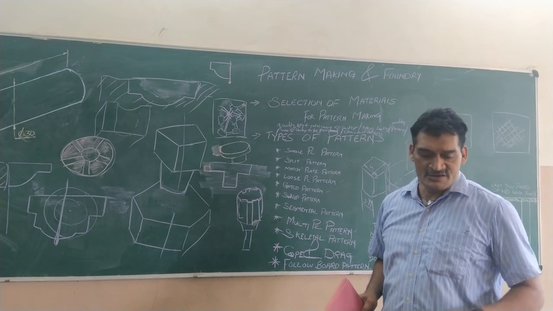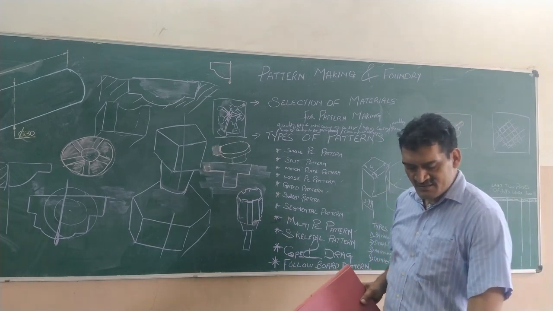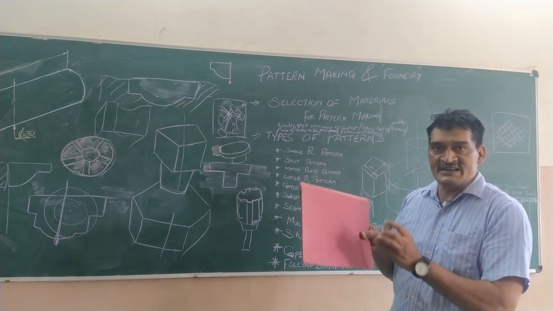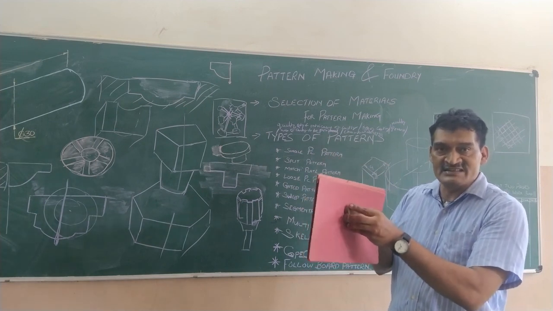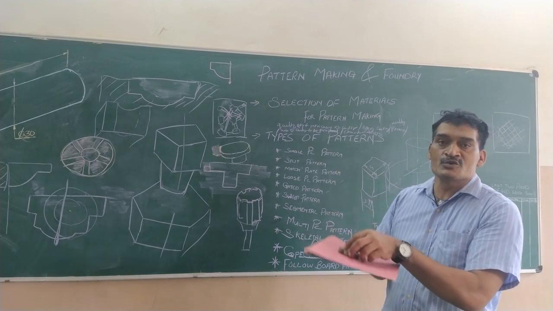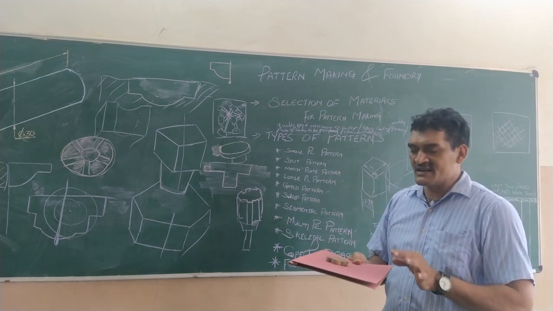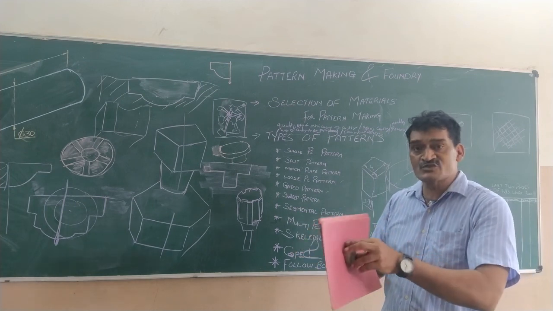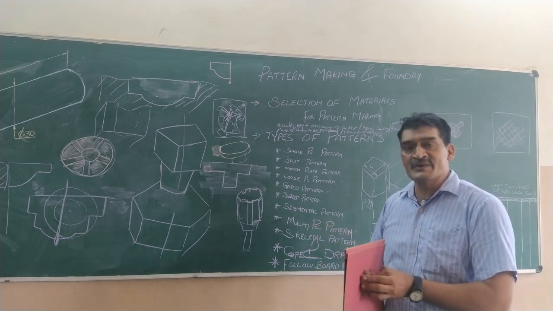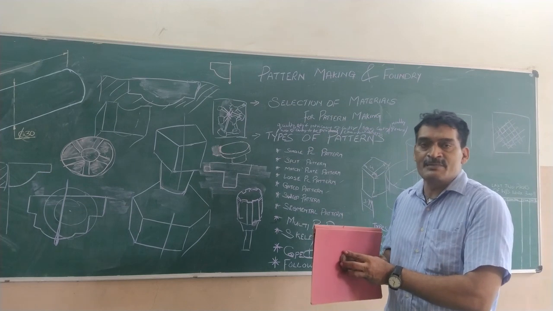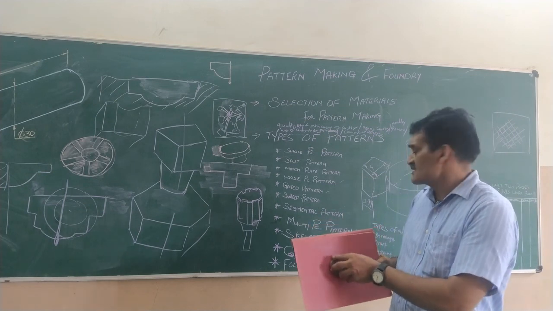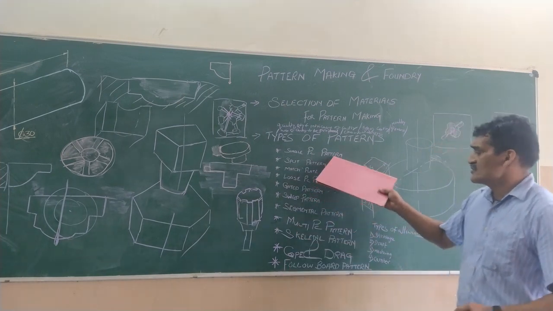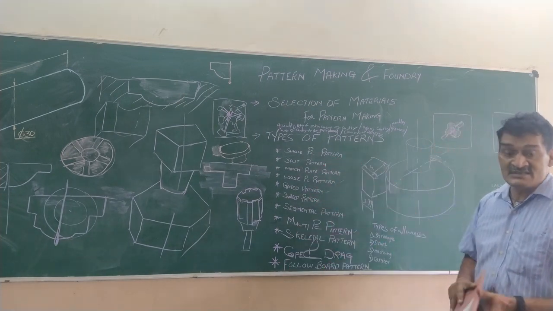In a follow board pattern, you have a single piece pattern that is attached to a board or a plate on one side, so that you prepare the mold directly in the drag. So when you have a single piece pattern that is fixed to a board, it is easier to prepare the mold. So such patterns are called follow board patterns. So with that, I have told you the different types of patterns.